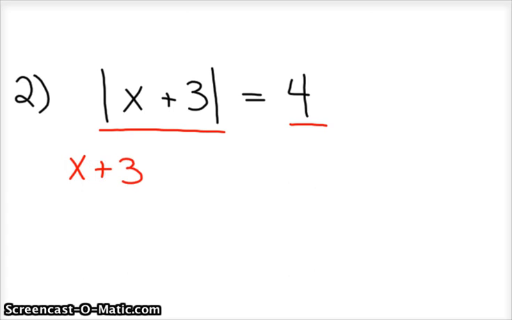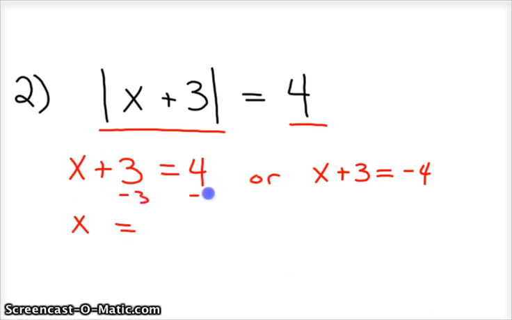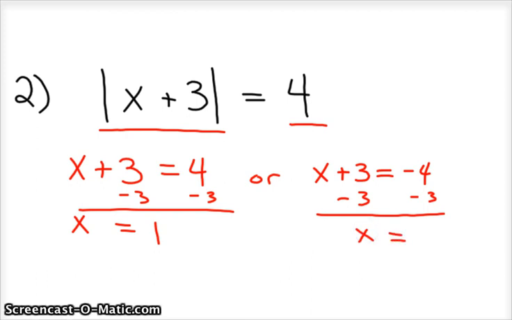The absolute value could be 4, or that absolute value, whatever it is, could be negative 4. Then you just solve it like normal. So if you subtract 3 from both sides, x equals 1, and you minus 3, and x equals negative 7.